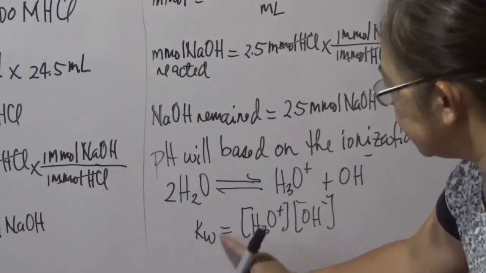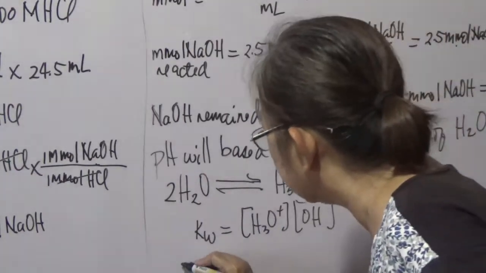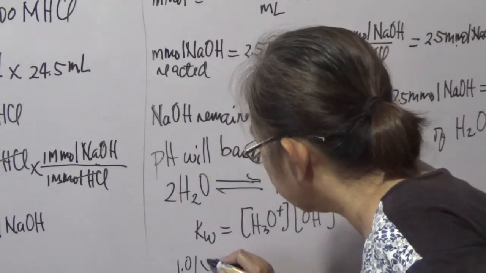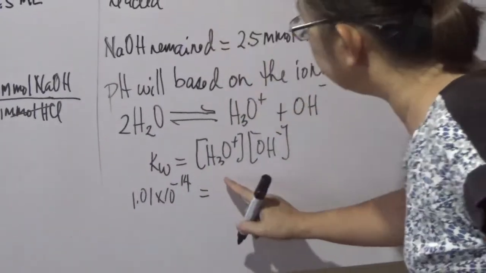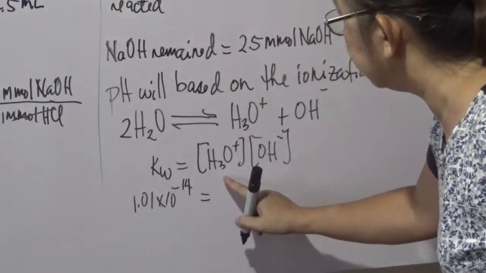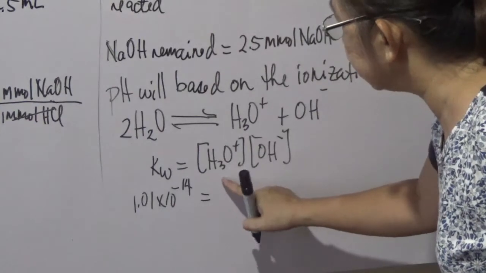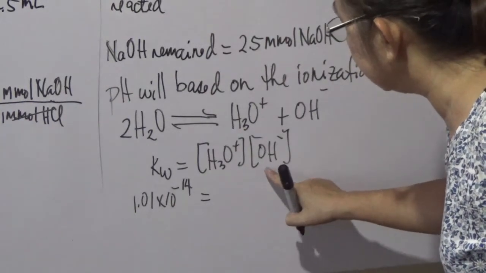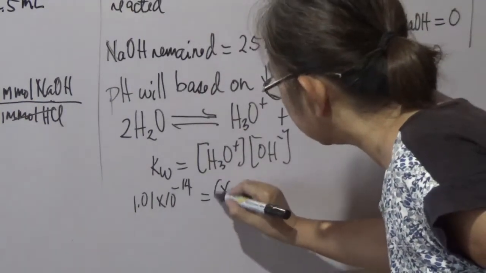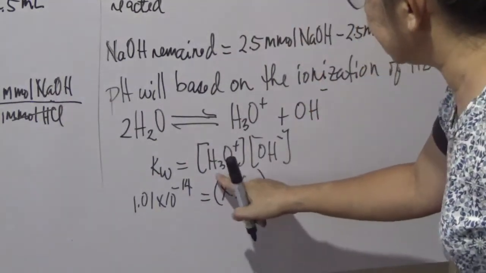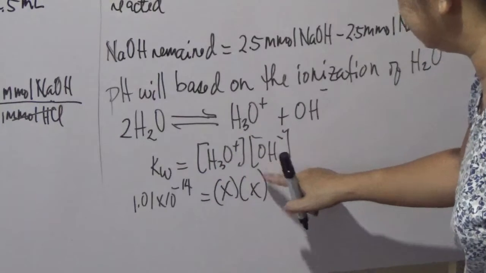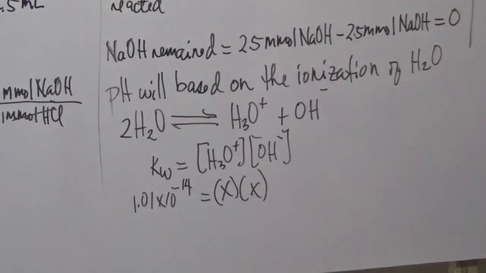So meaning here the ionization constant of water is 1.01 times 10 to the negative 14. If we do not know the concentration of hydronium ion and OH ion, we leave this one as X. The concentration of hydronium ion and OH ion are the same.